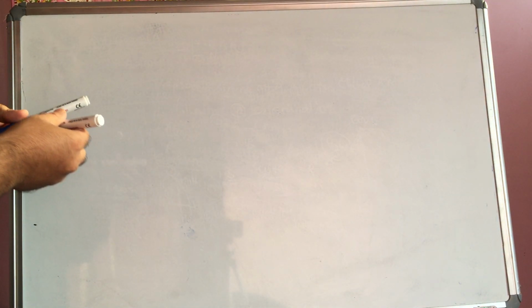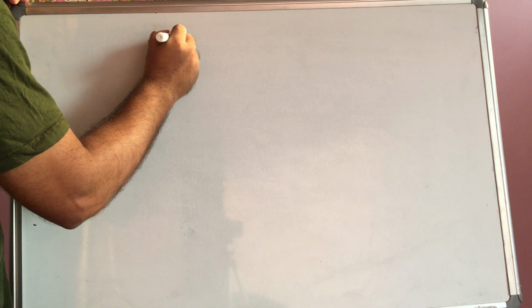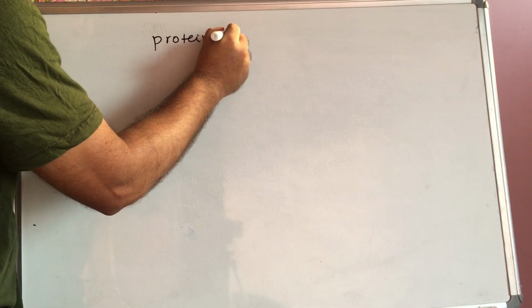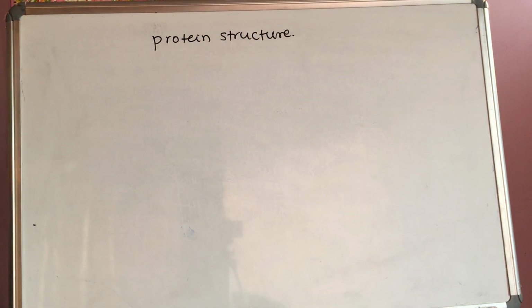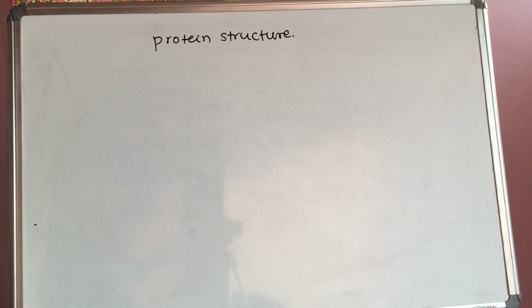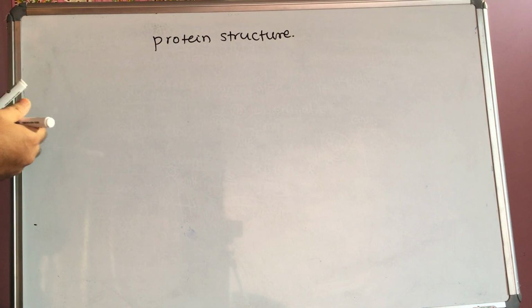So now I am discussing proteins and protein structures. In this protein structure, amino acids are combined to form a long-chain polypeptide. The long-chain polypeptides are called proteins.